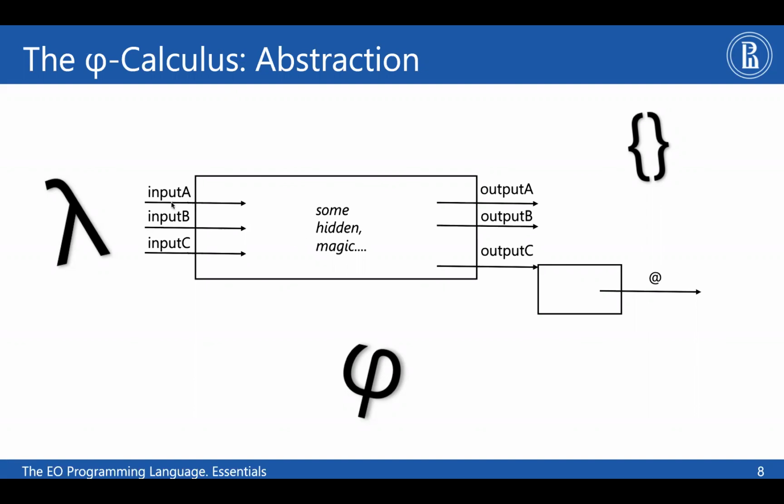And here we define the structure of the object, so what attributes it has, which of the attributes are free and bound, and also we define the links between them. So we say we may link input A with output C in some way. This is abstraction. So it resembles a class declaration.